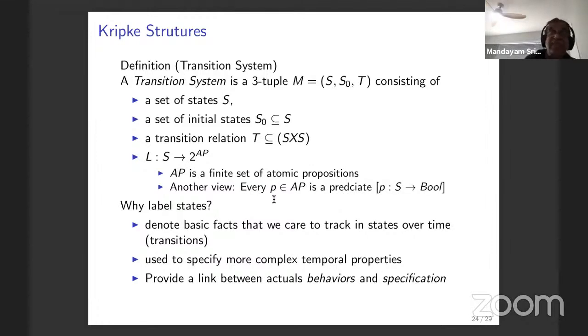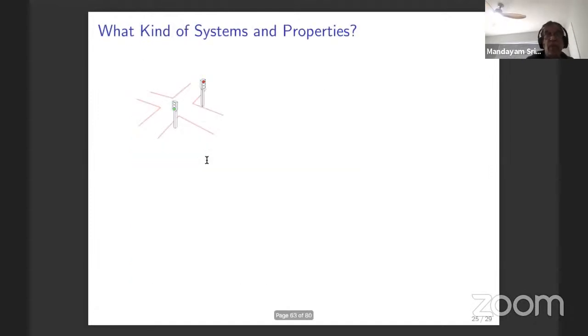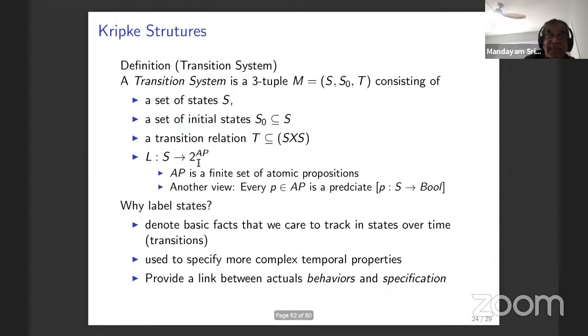That, in a way, makes this formalism, even when applied to infinite states, provide a way to abstract it to a finite system. The choice of the label is also left to the individual task at hand, and via these labels, you choose the set of properties that you care to represent and analyze.